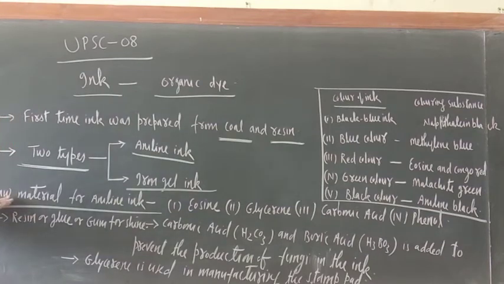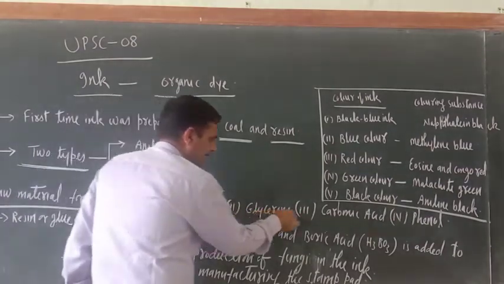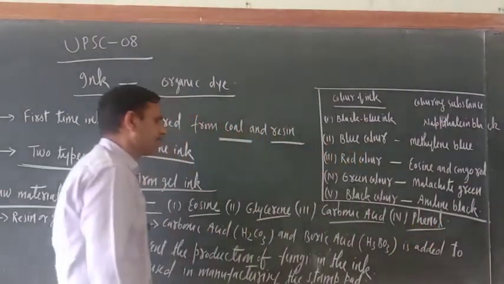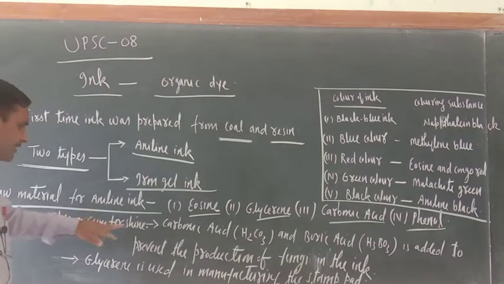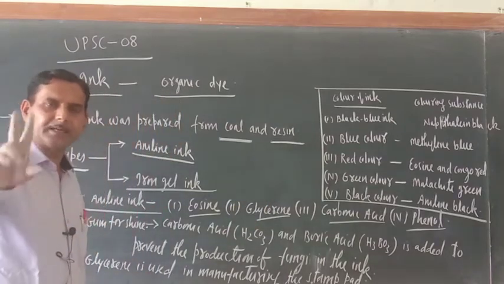Just see the raw material for aniline ink. The raw materials are eosin, glycerine, carbonic acid and phenol. Always remember, resin means carbonic acid and boric acid.